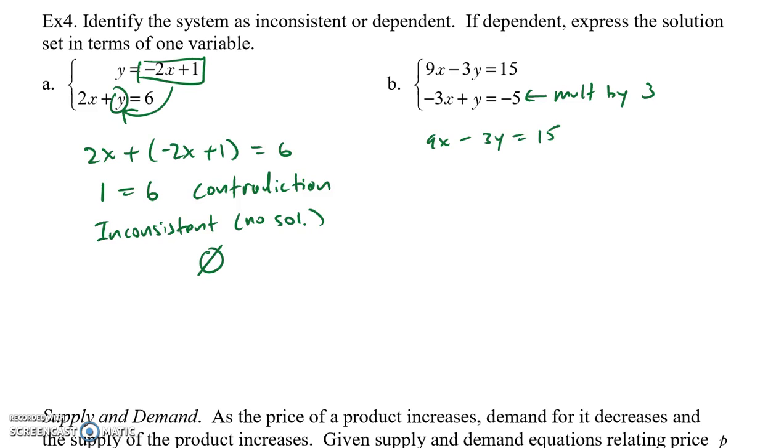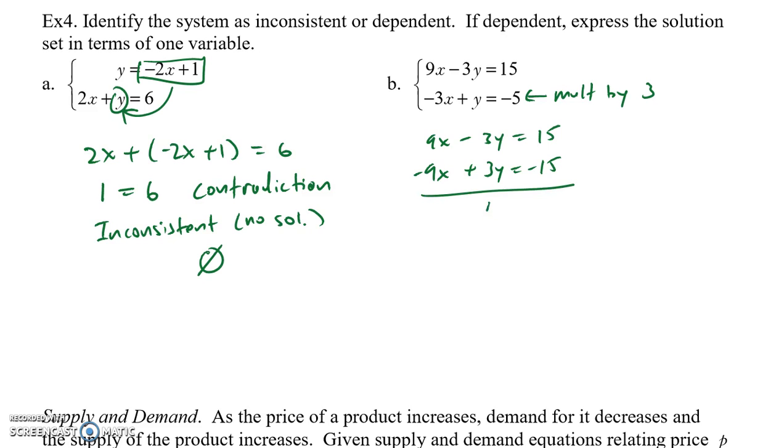We would just recopy the first equation, multiply every term of the second equation by 3, minus 9x plus 3y equals negative 15. So now notice that in attempting to cancel the y terms, I also end up canceling the x terms. Not only that, I cancel the terms on the right-hand side as well.